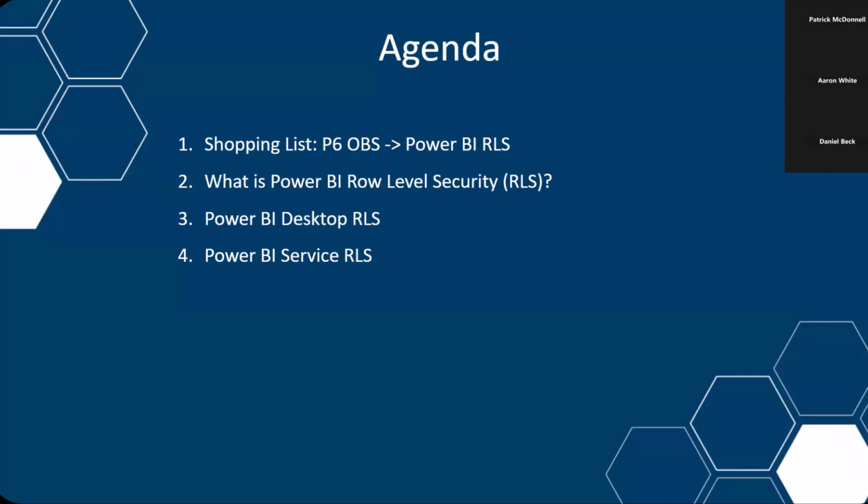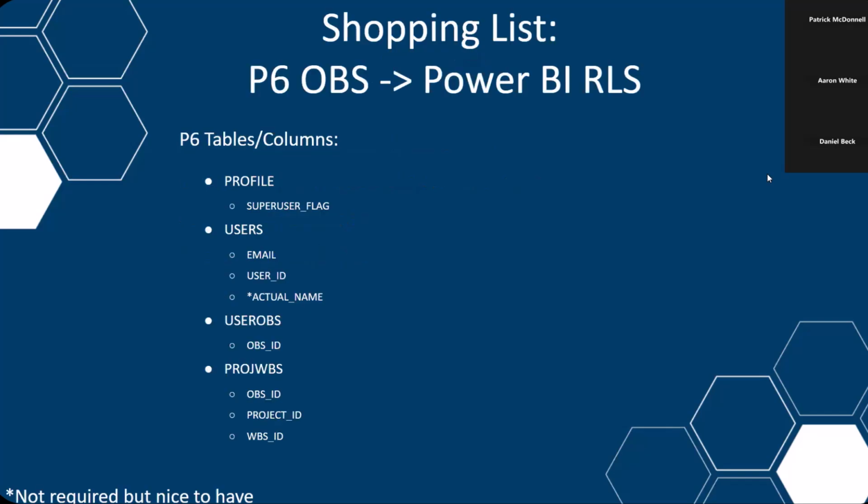And we're going to go into Power BI Desktop RLS, discuss some of the tools and things that need to be done in order to operate that properly. And then last, we're going to look into Power BI Service row level security, or RLS, and how we can set up an app as well as a workspace once we have the security set up within Power BI Desktop. So let's just dive into that shopping list.